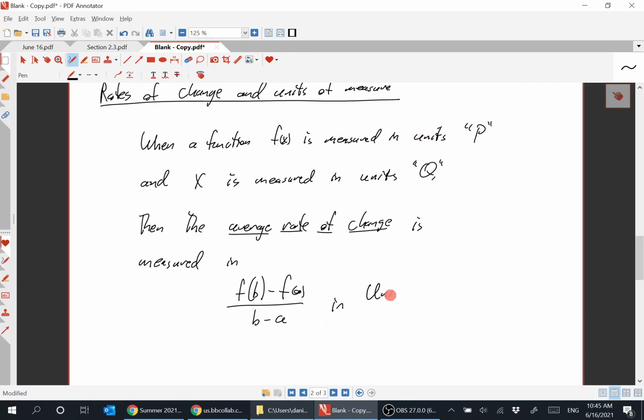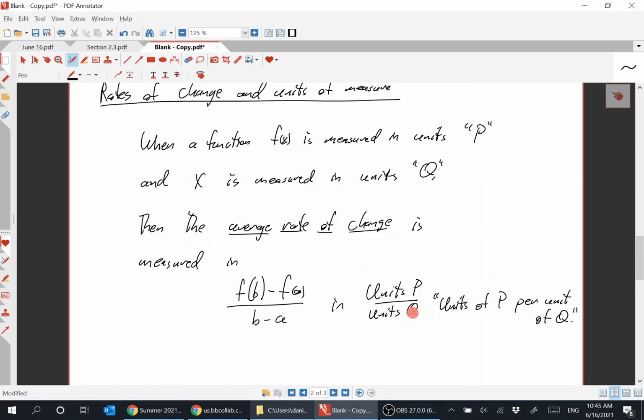So in units of p over units of q, which is read as units of p per unit of q.